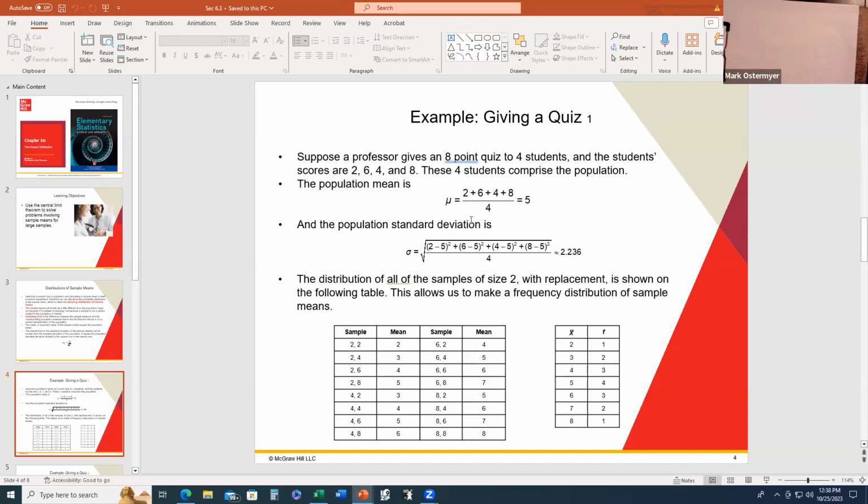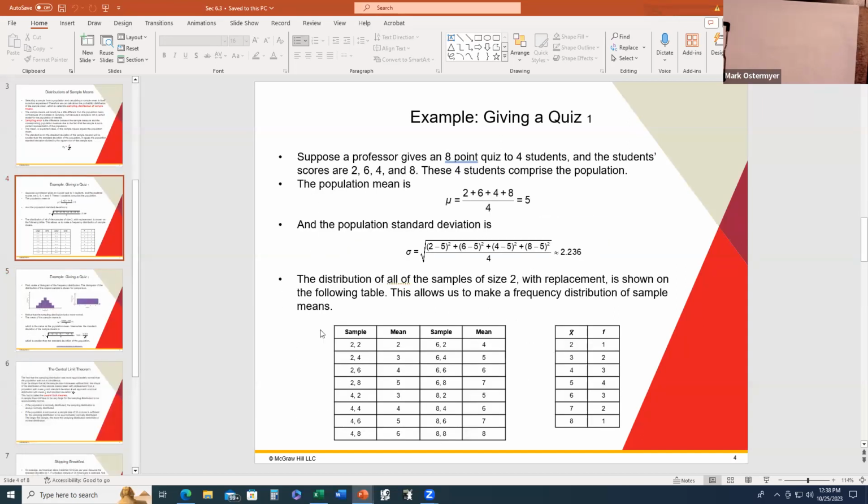So after we compute this unweighted average, we get 5 for the mean score of the entire population. The population standard deviation can be computed by using the formula that we've seen in the past. In computing a population standard deviation, we would get 2.236.